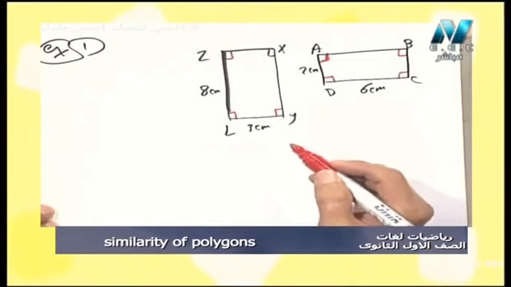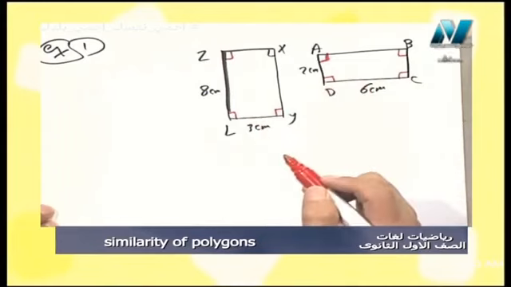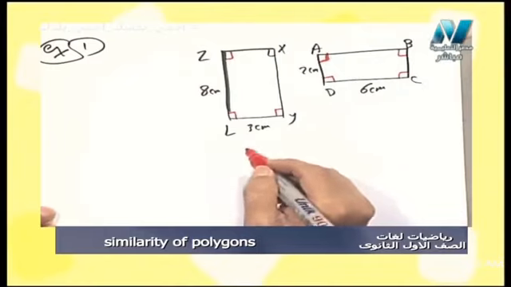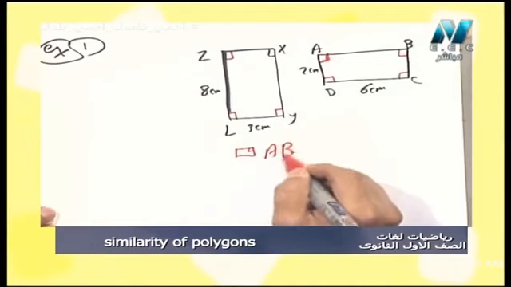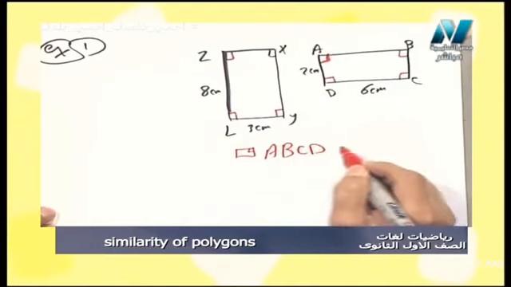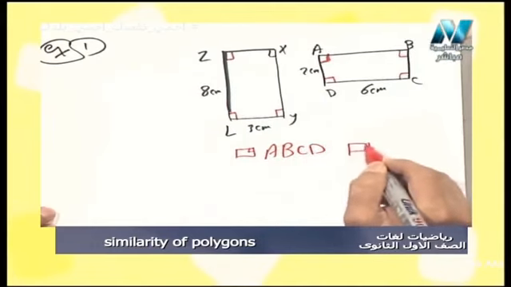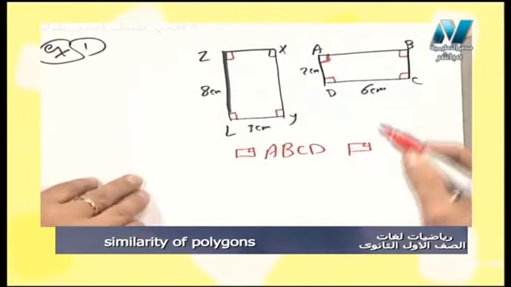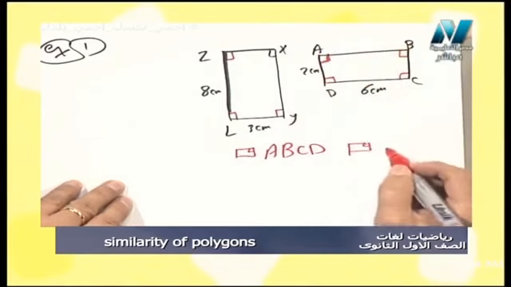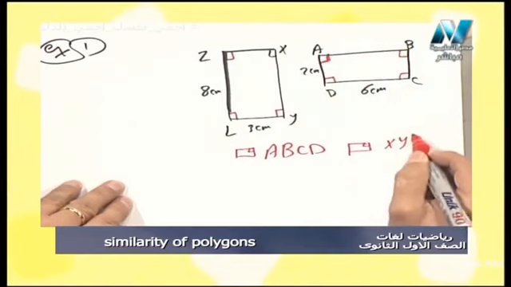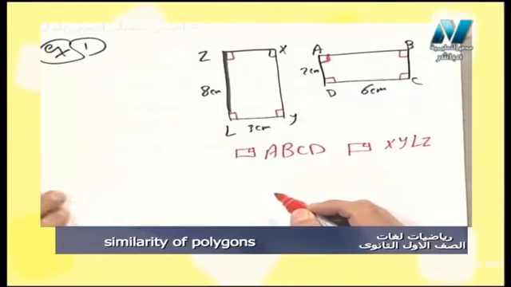Try to write these two rectangles by the method we said: the rectangle ABCD, and the other rectangle, which is, look carefully for AB. AB is the long side, the length. So say XY, XY, LZ. Okay.